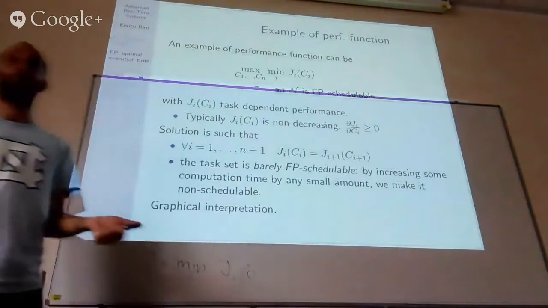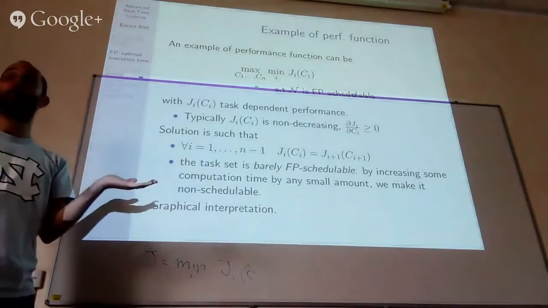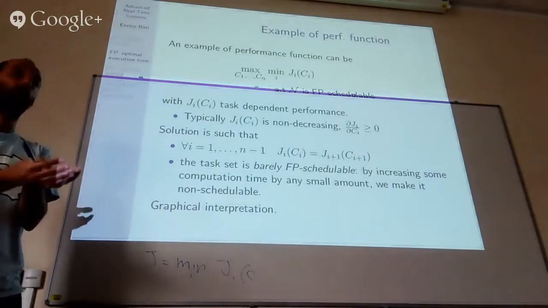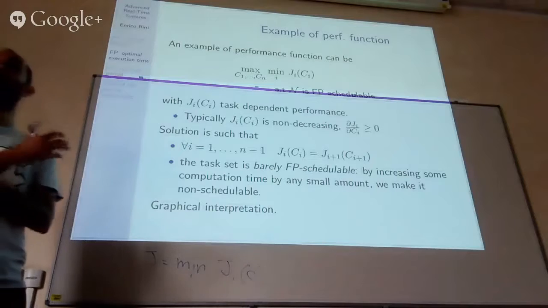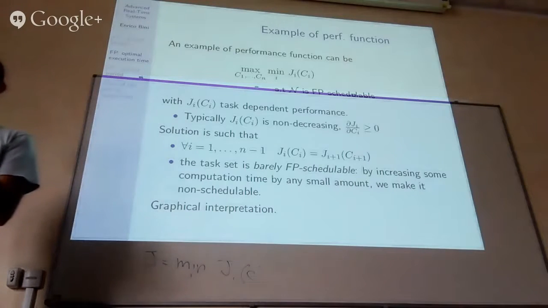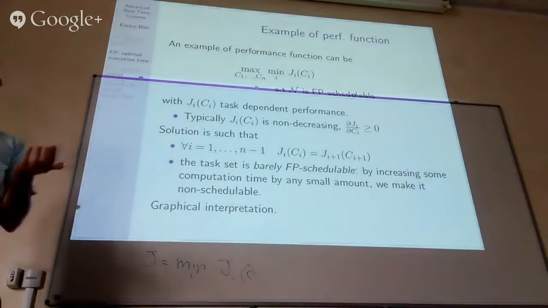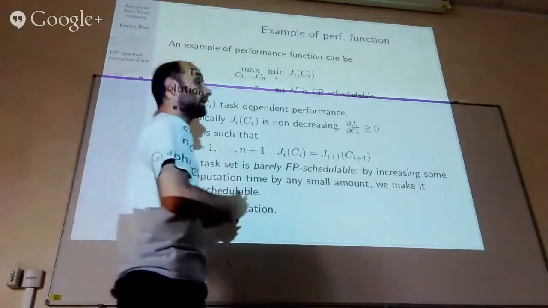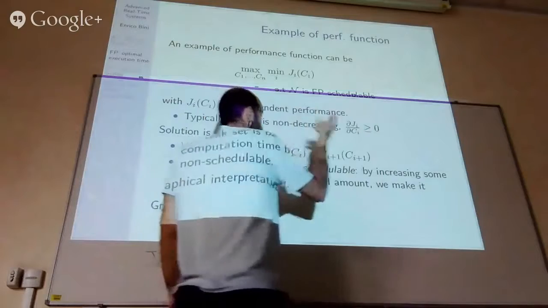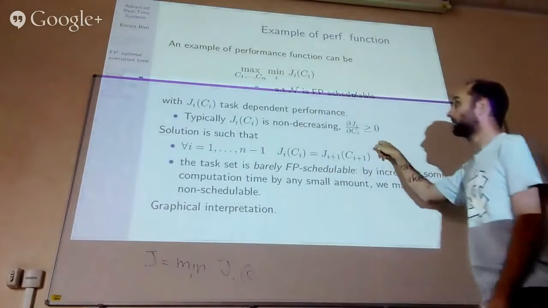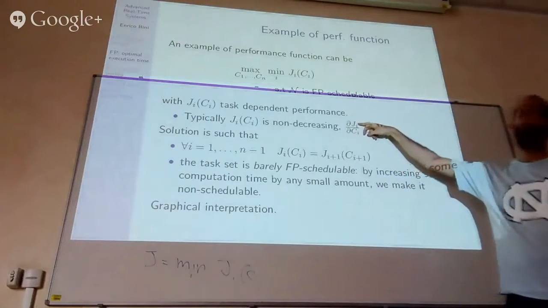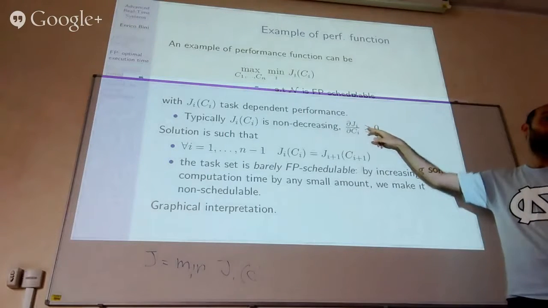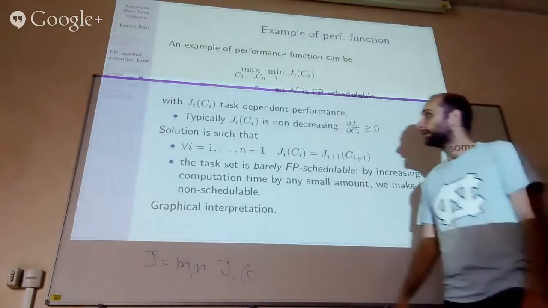This is something that you always expect: the more a task executes, the better performance it delivers. I don't see any reason to run a task longer if it decreases the performance, so it doesn't make much sense. So a very classic, natural hypothesis is that the derivative of the task performance with respect to the computation time is non-negative, so positive or zero.